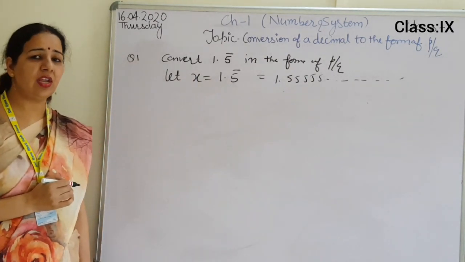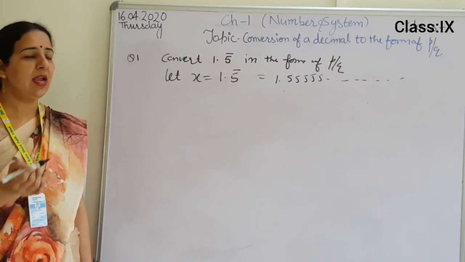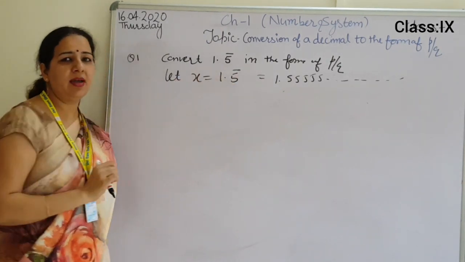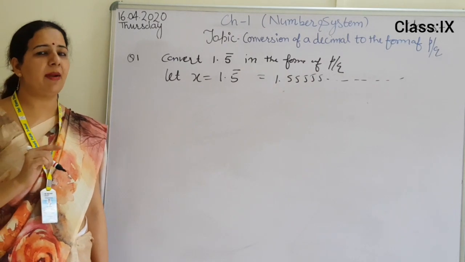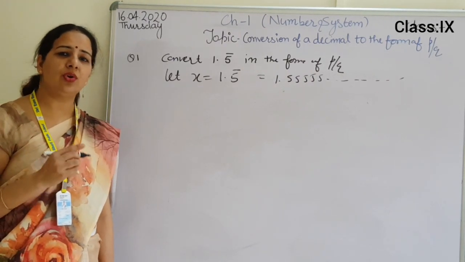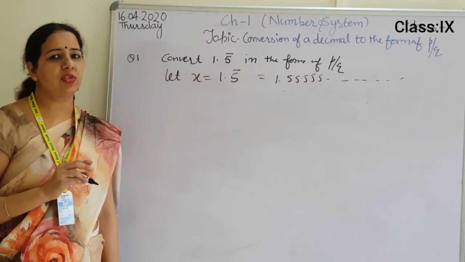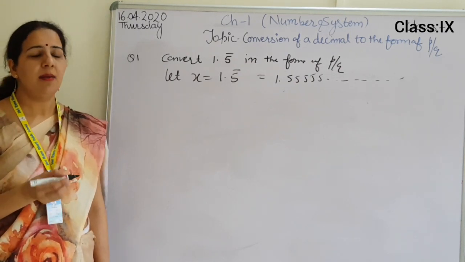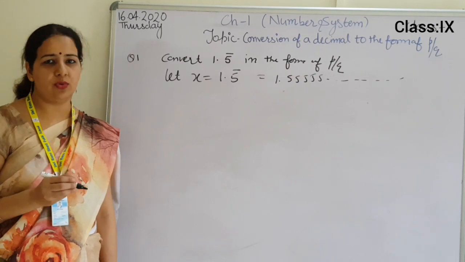For this shifting we need to multiply both sides by 10. If the bar is on one number, then multiply both sides by 10. If the bar is on two numbers, multiply both sides by 100. If the bar is on three numbers, multiply both sides by 1000.